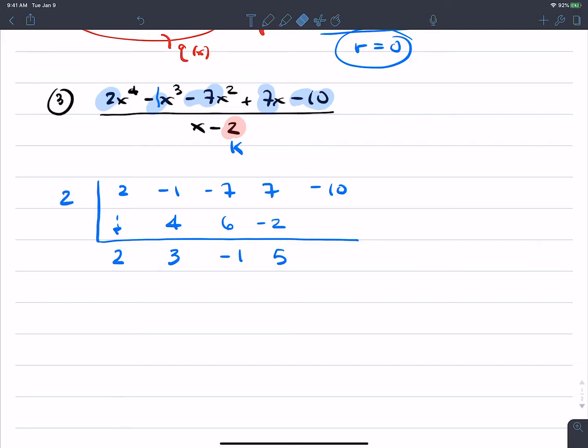We get to repeat the process. 2 times 5 gives you positive 10. And when I add here, negative 10 plus 10 will give me 0. So again, in this example, I get a remainder of 0.